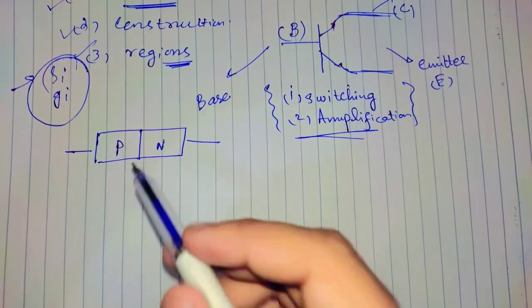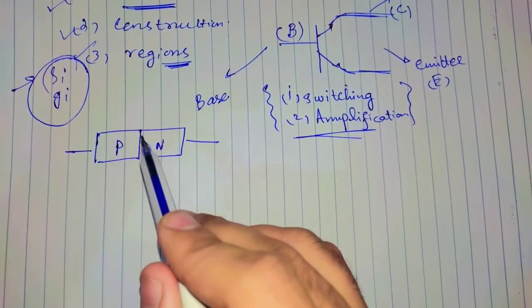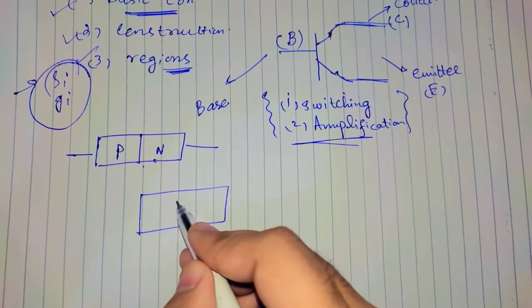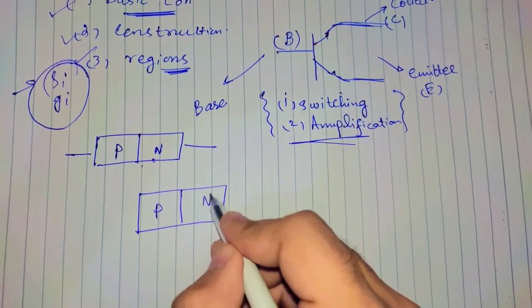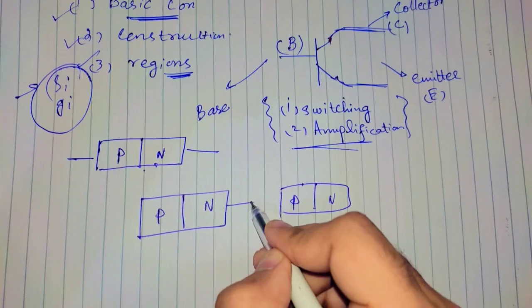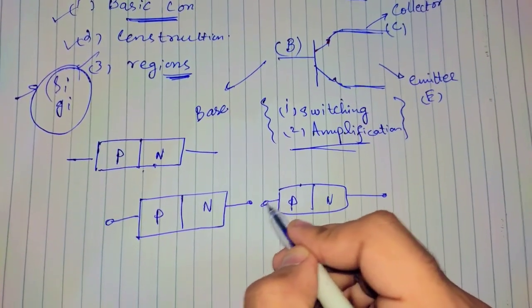If we join 2 diodes back to back, this will give us 2 p-n junctions, p-n and p-n. This is the first one and this one is the second one.